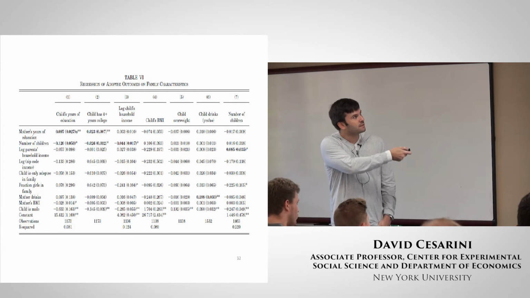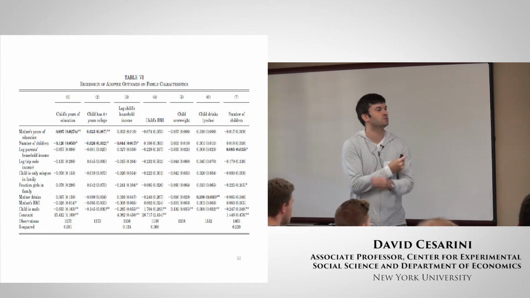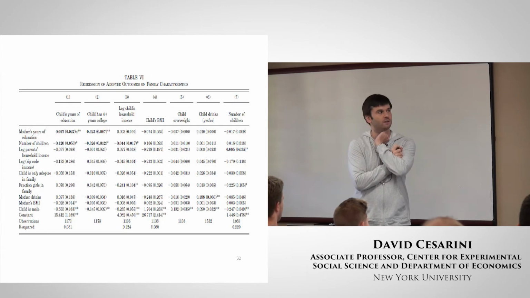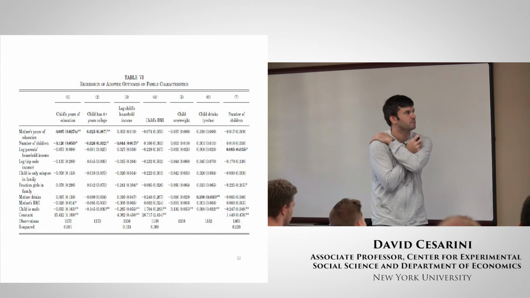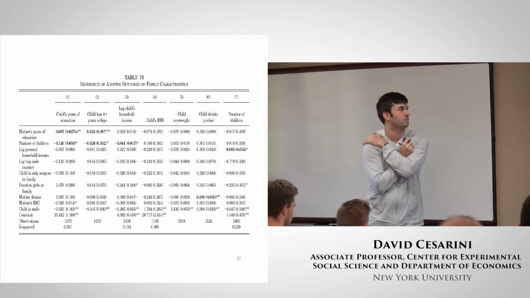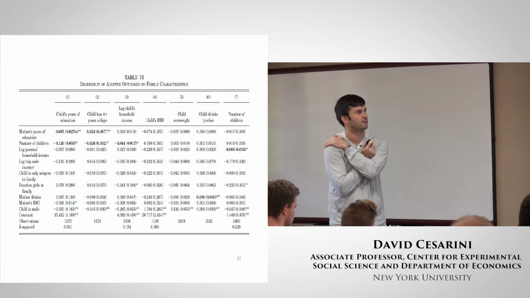It doesn't mean that the causal factor is mother's years of education, but at least it helps you zoom in a little bit more on what's specific. It does tell you that either mother's education or something correlated with mother's education appears to be important for child developmental outcomes.